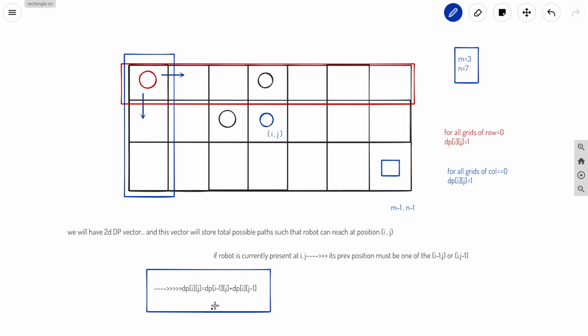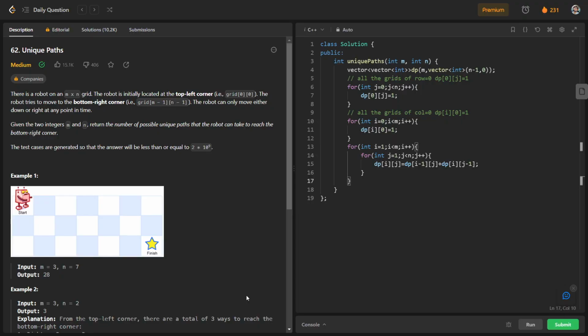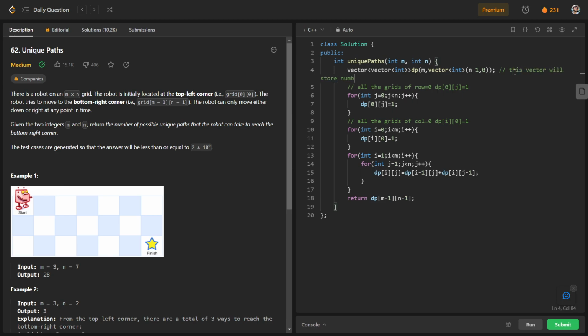And finally we will just return dp of m minus 1 comma n minus 1. So we will return the number of possible paths to reach m minus 1 and n minus 1. And I will again write here, this vector will store the number of possible paths to reach i comma j.